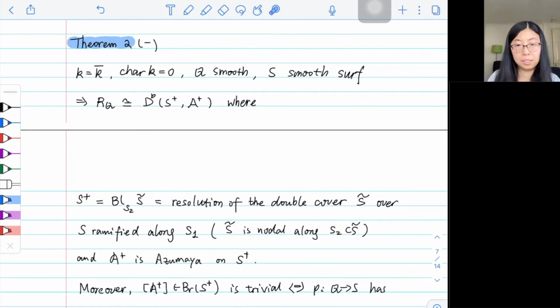So when you take the double cover ramified along S1, you get a nodal surface where the singular locus is this S2 embedded inside the double cover. Now this S plus would just be the resolution of this nodal surface, and you can resolve the singularity by taking the blow up.